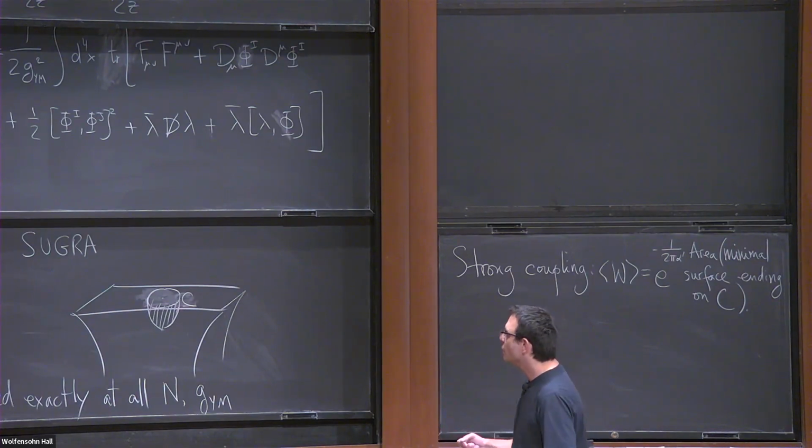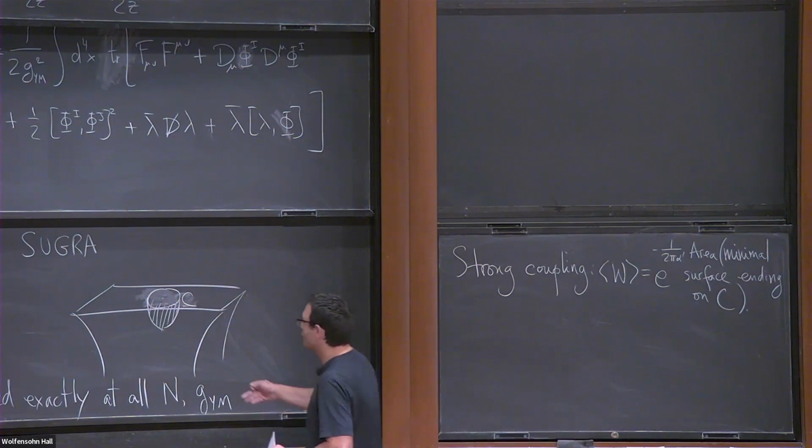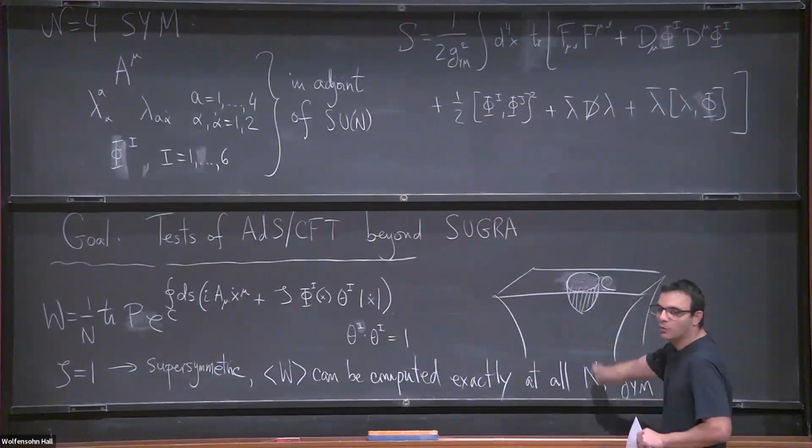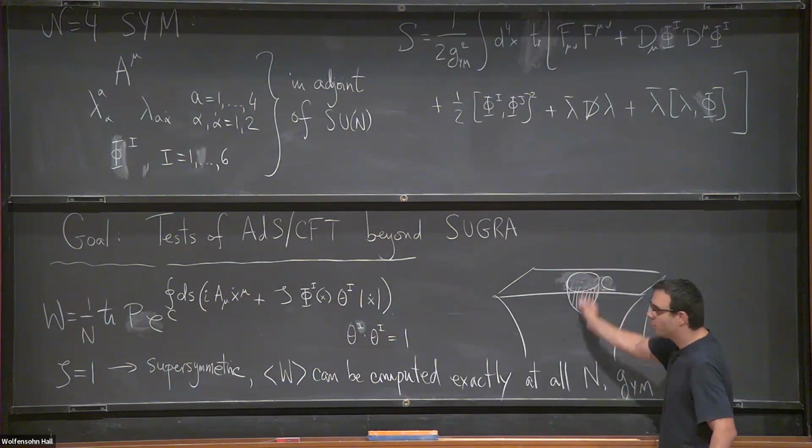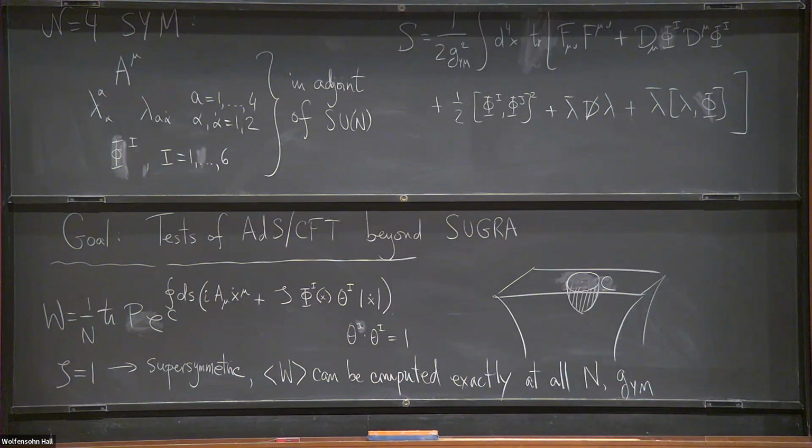And for a straight line, we know what the string worldsheet is in the bulk. It's just a straight string worldsheet that extends all the way down. So there is a coordinate transformation in the bulk that takes this string worldsheet to the completely straight down one. So that's the trick.